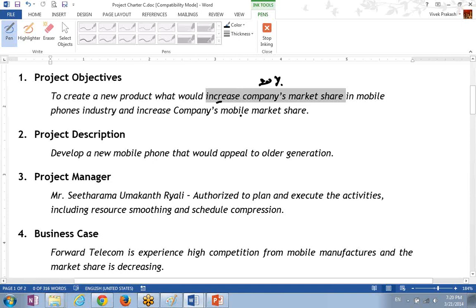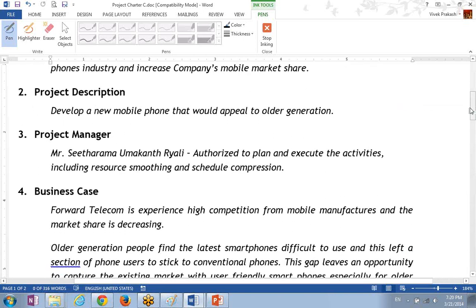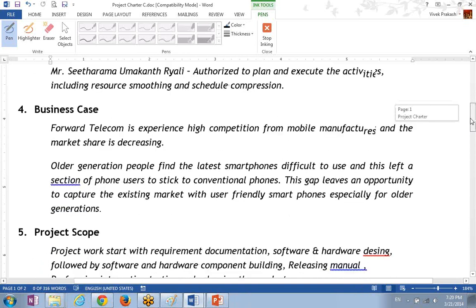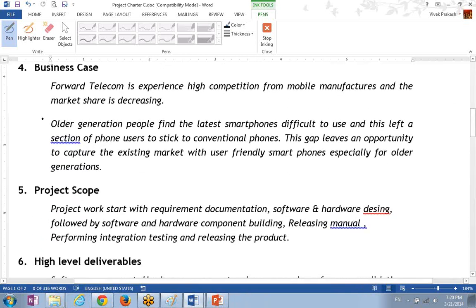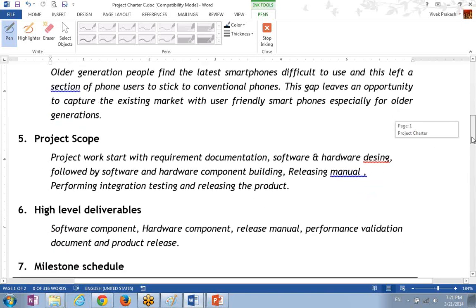Yeah, I've actually put it in the scope statement, in the business objectives. Okay, project decision: develop a new mobile phone that would appeal to the older generation. Maybe we can add some more, but it is okay for this purpose. The business case is well written. It justifies the reason for launching this mobile phone.